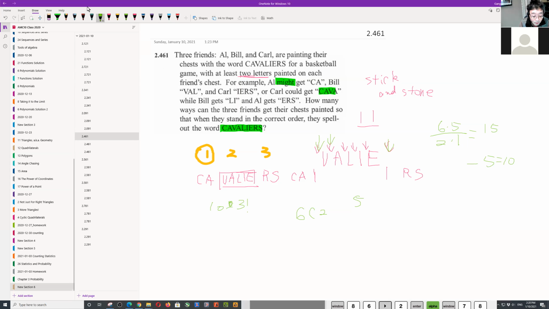For example, Al might get CA, Bill gets VAL, then Carl could take the rest. Between those 3 friends, who takes the leading part and who takes the tail part, there are 3 factorial ways. If we multiply it out, it's 60. So 60 is the total arrangement.